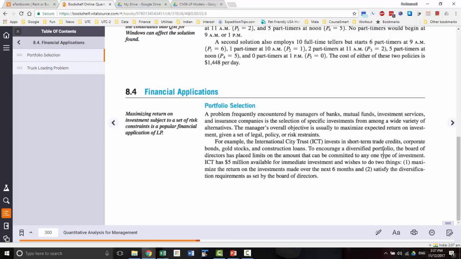To encourage a diversified portfolio, the board of directors has placed limits on the amount that can be committed to any one type of investment. That's what the investment limit is on the next page.